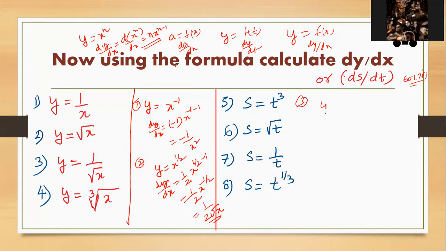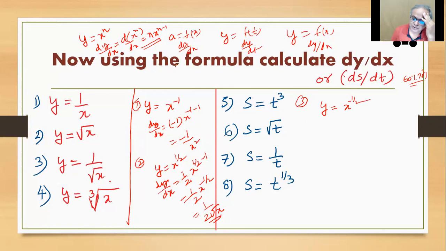So y equals x to the power 1 by 2, if I take it up, x to the power minus half. You should get into this form: y equals x to the power n. Now tell me.